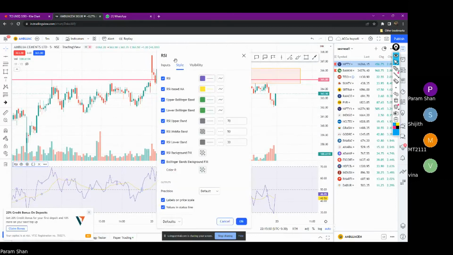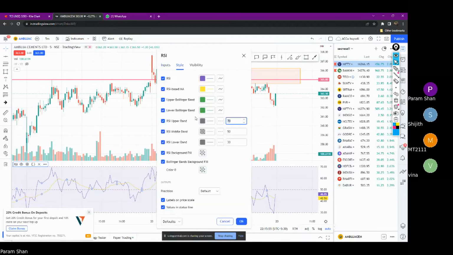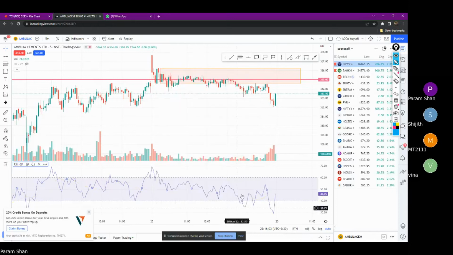So I'll change the values to 60 and 40. Okay. This RSI on TradingView will not have smooth lines. This is why I don't like TradingView when I'm looking at RSI. That's why I keep two sheets. Okay. Anyway, coming to ours.